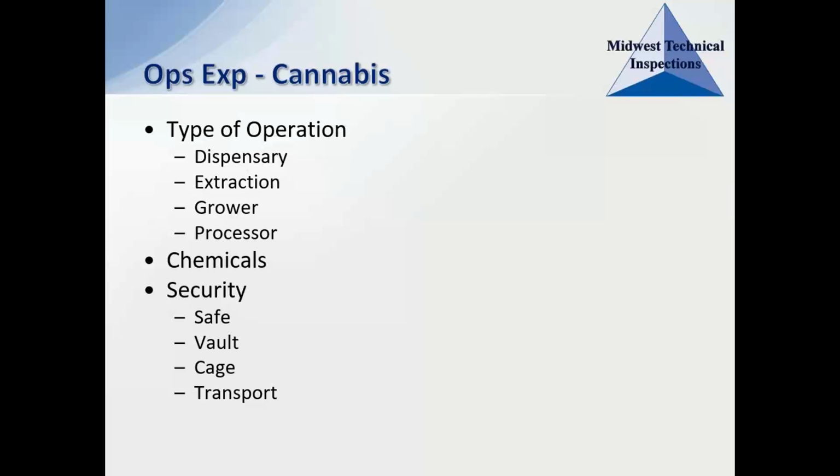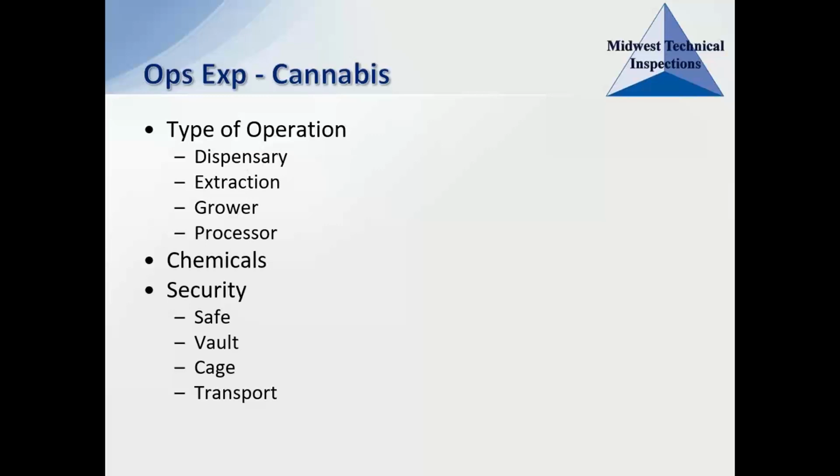You may have some kind of localized bank or credit union that might be able to process credit purchases from these facilities. But generally speaking, you can't have a credit card because it's not federally approved. It's still illegal on the federal basis. So this is typically going to be a high cash product.